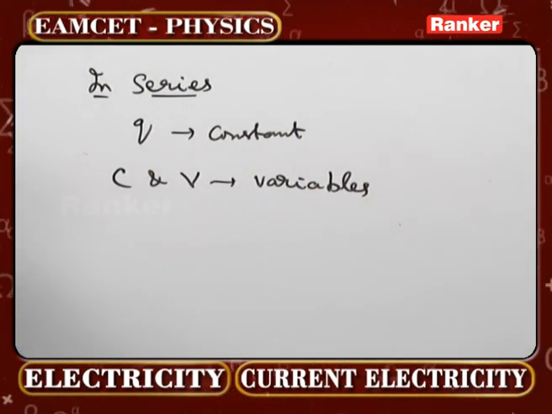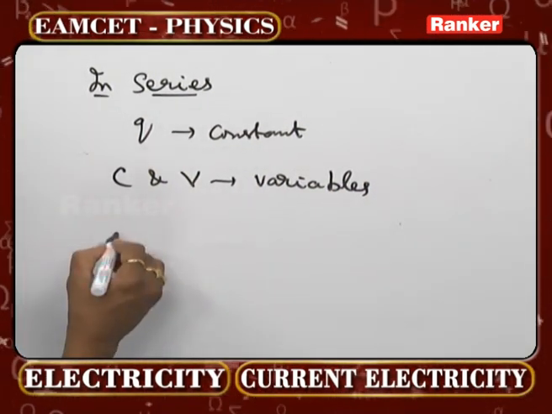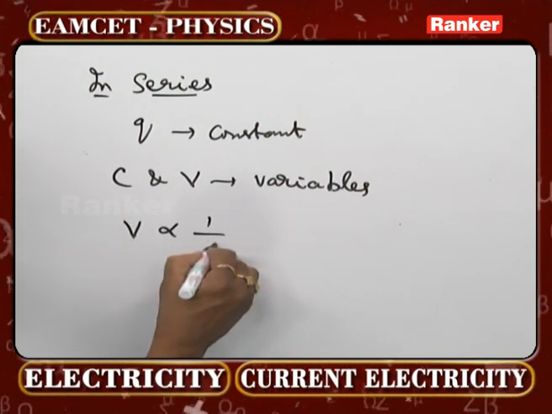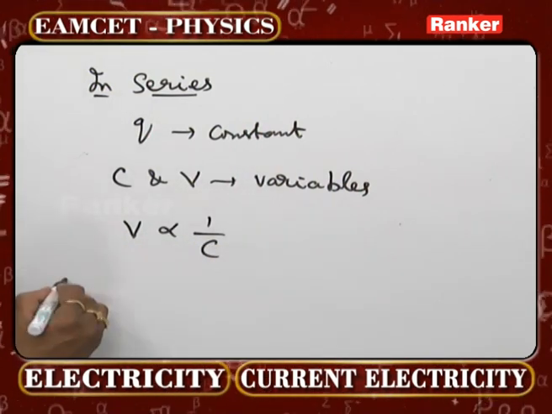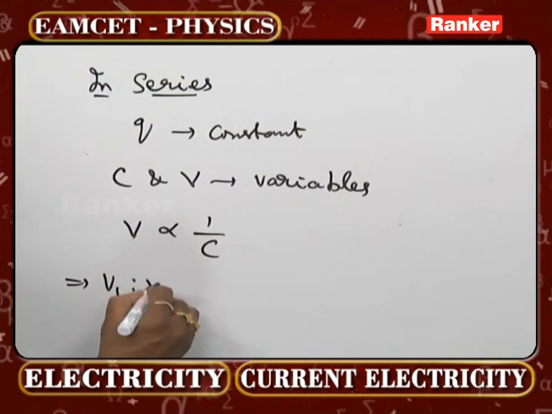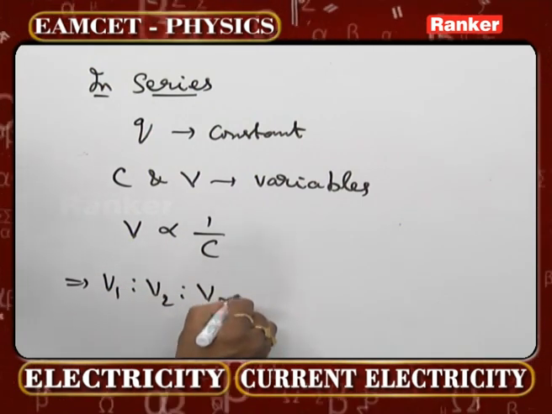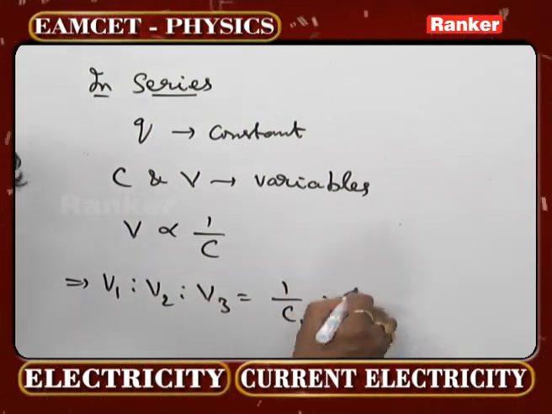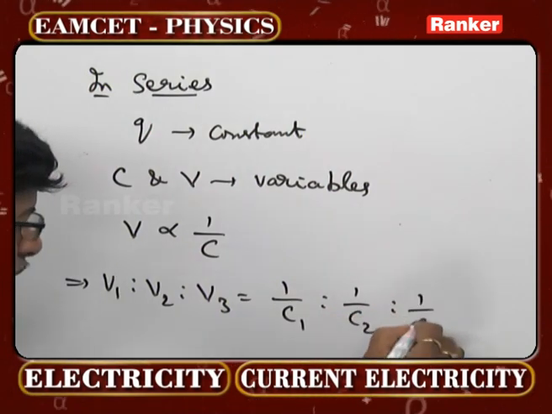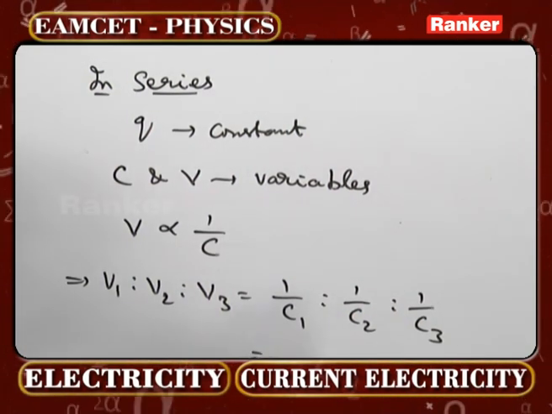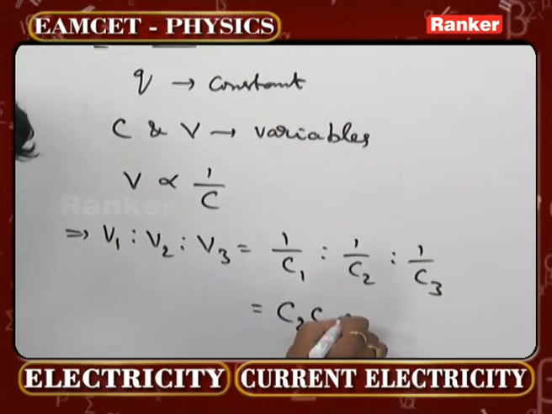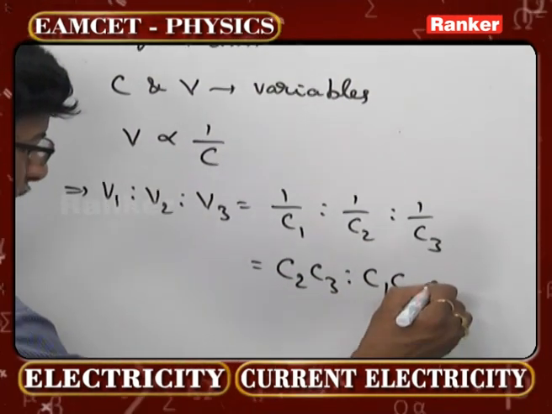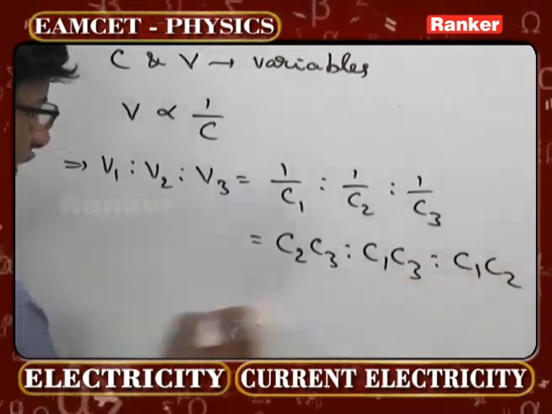Now the question next is, how do they vary? V is inversely proportional to C. So how to write that concept here? V1 is to V2 is to V3 is 1 by C1 is to 1 by C2 is to 1 by C3. In other words, you can write C2 C3 is to C1 C3 is to C1 C2.